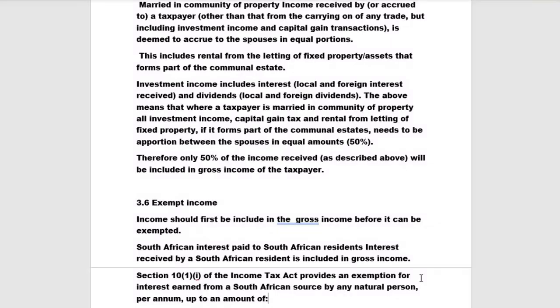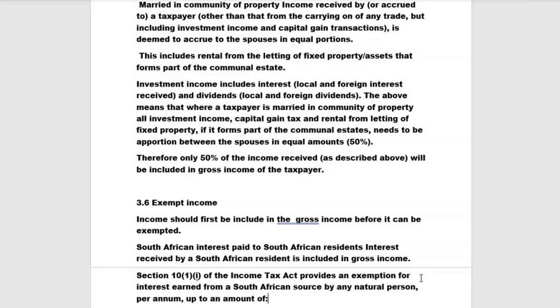The above means that where a taxpayer is married in community of property, all the investment income, or the CGT, which is the capital gains, and rentals from the letting of fixed property, if it forms part of the communal estates, need to be apportioned between the spouses in equal amounts. 50%.